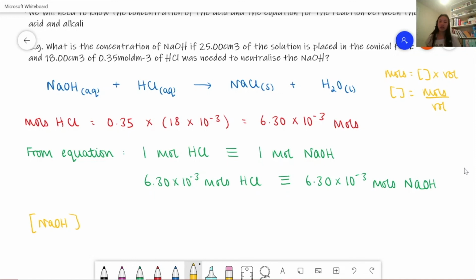The concentration of sodium hydroxide is equal to 6.30 times 10 to the minus 3 divided by the volume, which is our 25 centimeters cubed. We have to convert this to decimeters cubed again, so we have 25.00 times 10 to the minus 3 because we have to divide it by 1,000. And this gives us 0.25 moles per decimeters cubed.